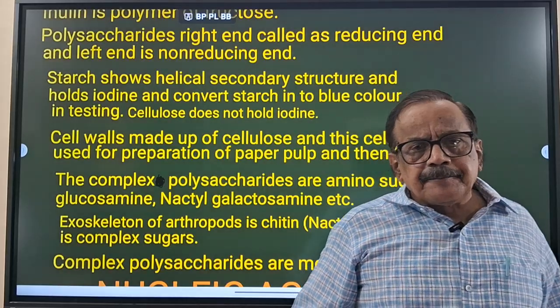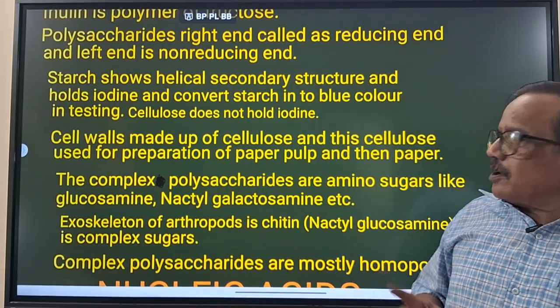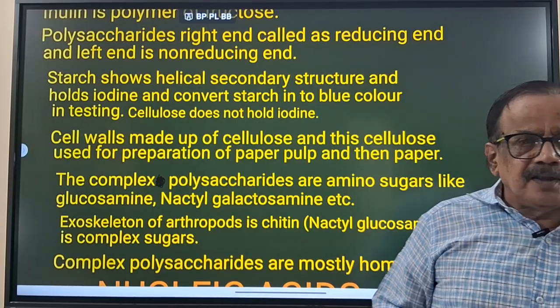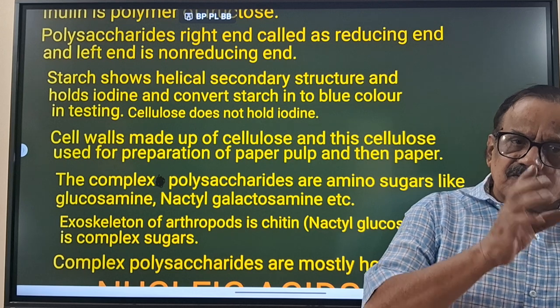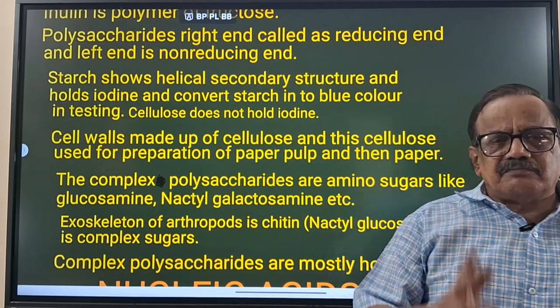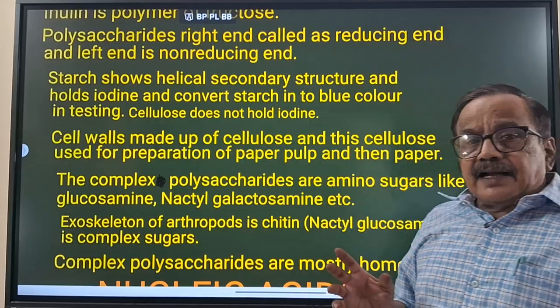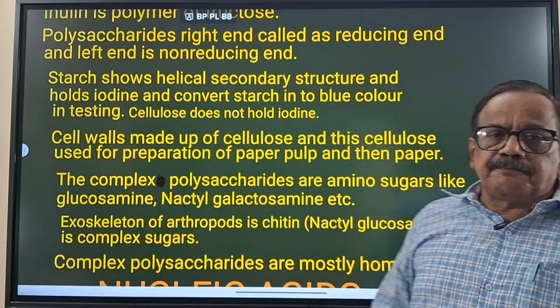How will they prepare it? First they will separate the cellulose in the form of paper pulp. Paper pulp will be prepared from the cellulose which is present in the plants. Generally they prefer bamboos. Then this paper pulp will be used for the preparation of paper.